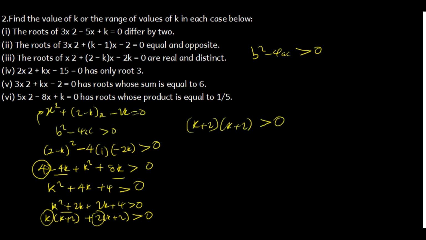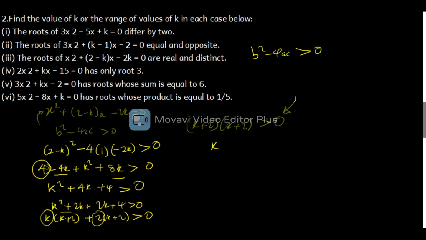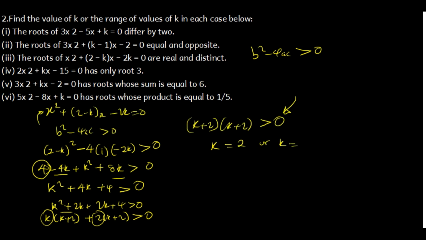So what I'm finding here is that I've got two values which are the same. Let me say this was an equal sign. If that was an equal sign, then we would find that k is equal to negative 2, or k is equal to negative 2, in that manner.